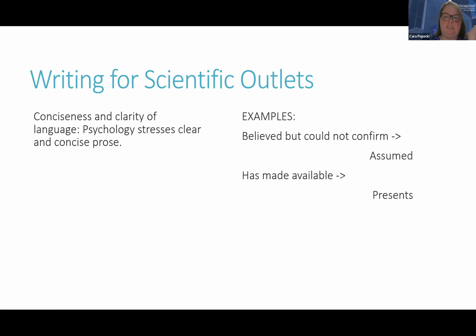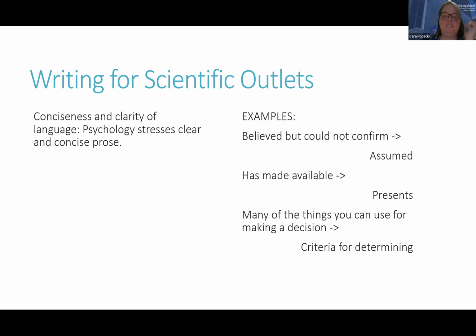So let's be more concise by saying presents. Many of the things you can use for making a decision, instead of saying all of those words, that's very wordy, you could say criteria for determining. So these are just three examples of making your language more concise.